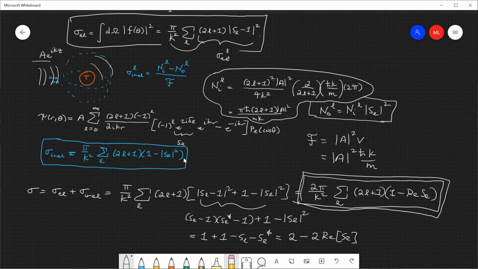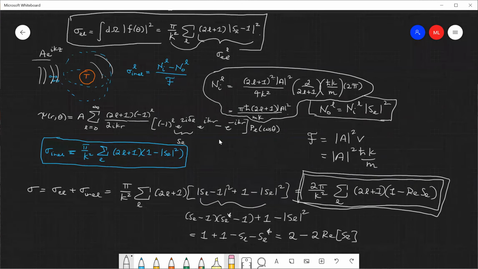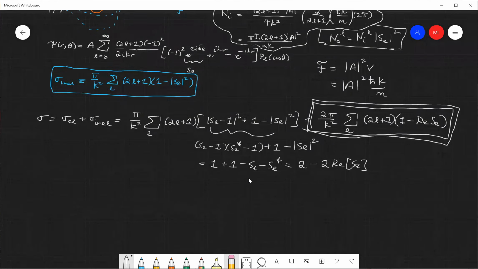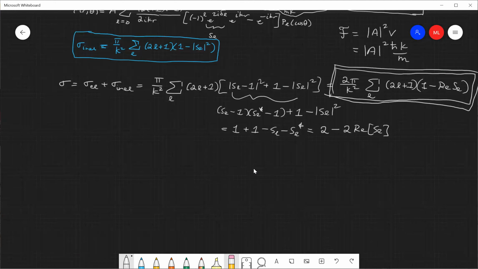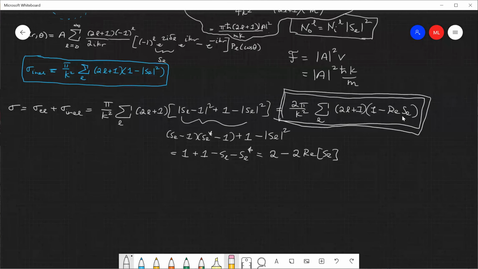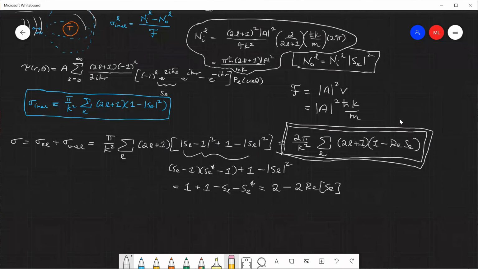So that's kind of interesting. That's one thing that we learned from this. The other thing that you learn is that you can actually connect the total cross section. You see it depends on the real part of S sub L, and there's this 1 minus S type of thing.